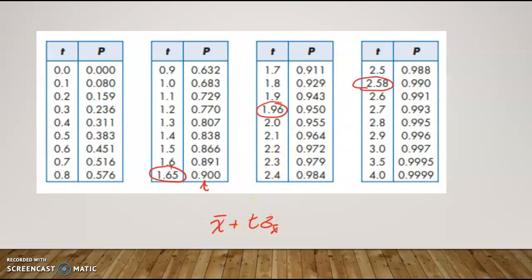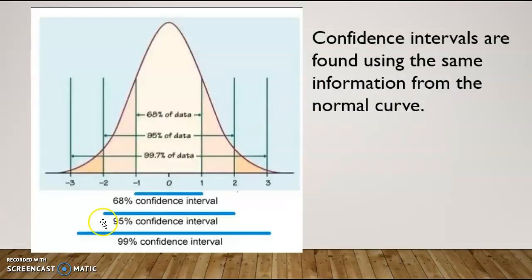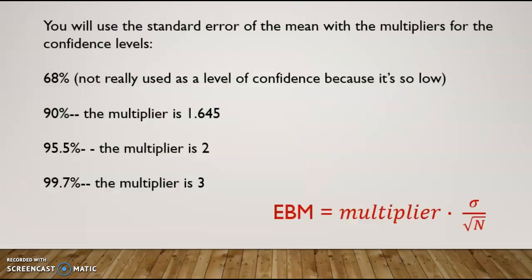But the formula stays the same. Okay, once again, they were doing the roughly part, and this is where you see I couldn't do it at the end. Your multiplier, and remember, use the chart. That'll be the quickest. Okay?